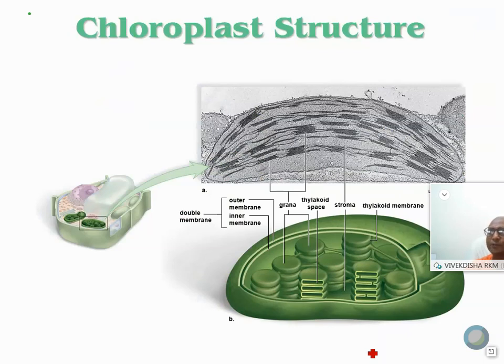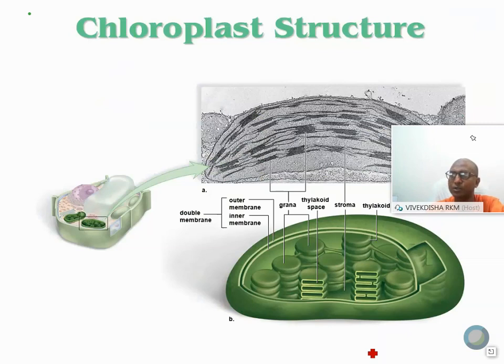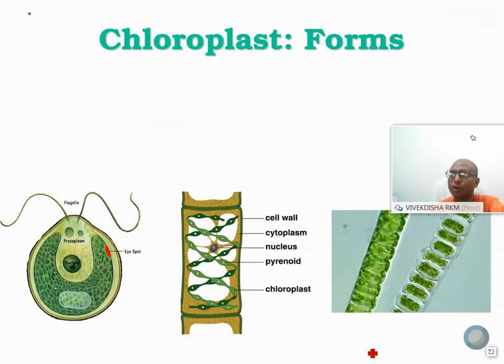There are stacks of sac-like structures. The sac-like structure is known as thylakoid, and the stack is known as granum. Plural form is grana.